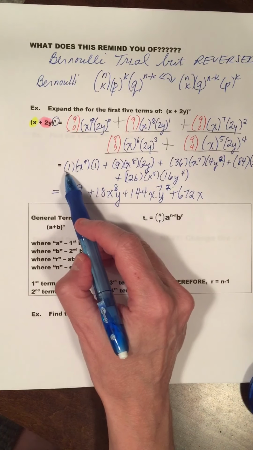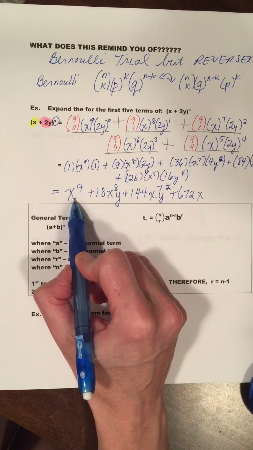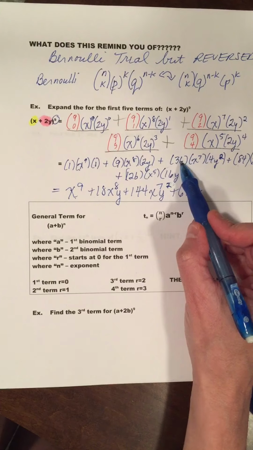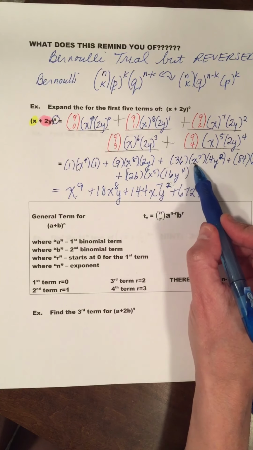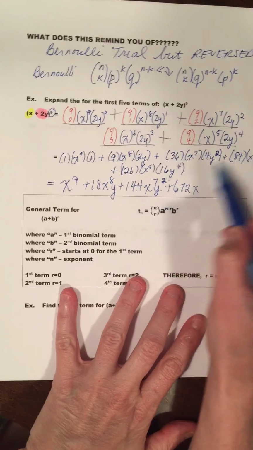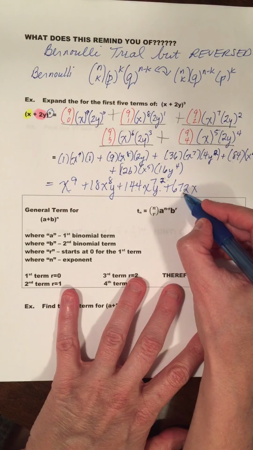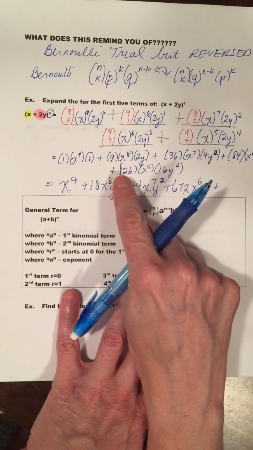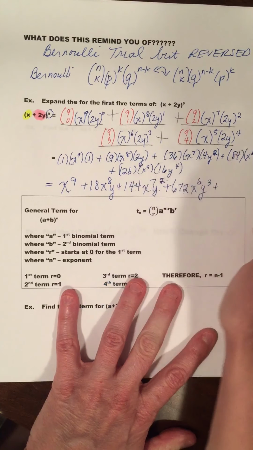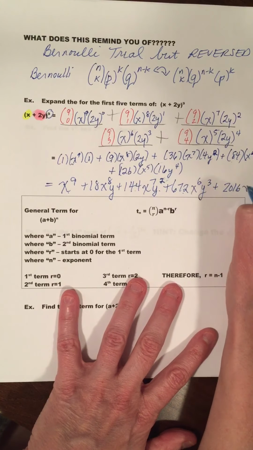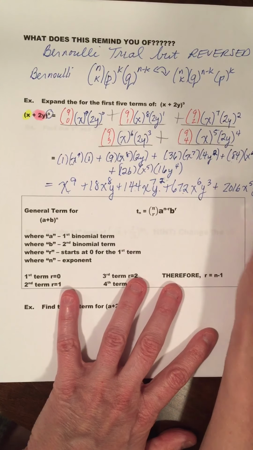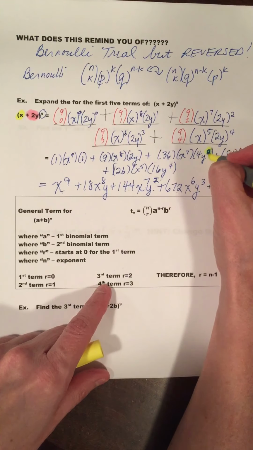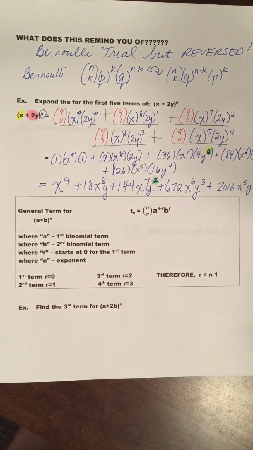Sorry about that. 1 times x to the 9 times 1 is x to the 9. 9 times 2 is 18, x to the 8y. 36 times 4 is 144, x to the 7, y squared. 84 times 8 is 672, x to the 6, y cubed. And 126 times 16 is 2016, x to the 5, y to the 4. Sorry about that. The error was right here and right there.